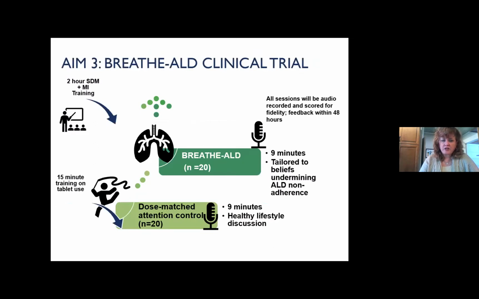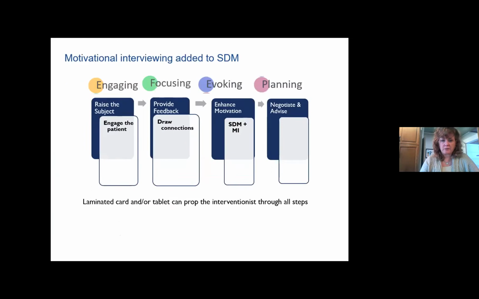The third aim then is to do a small pilot trial of Breathe ALD, in which we would train a healthcare provider to deliver the shared decision-making, motivational interviewing intervention in a single brief visit, compared to a healthcare provider who delivers a dose-matched attention control intervention that is focused on healthy lifestyles.